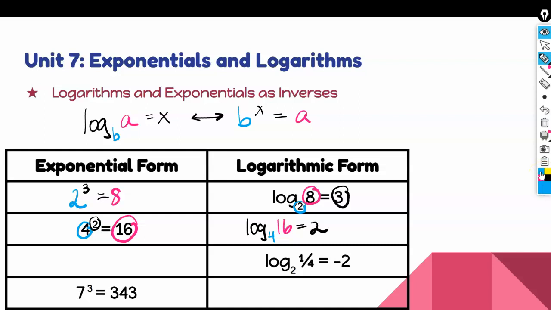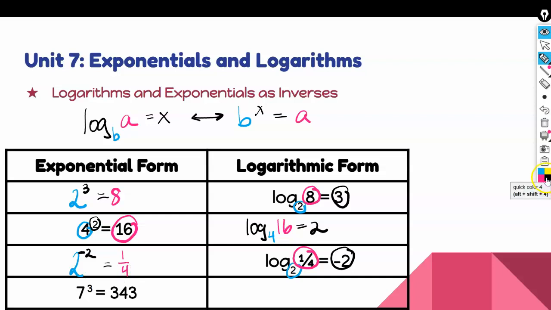Okay, again, going from log to exponential, I have a base of 2, so I have 2. Where the x is, it's a -2, so I have an exponent of -2. That's okay, that happens sometimes. And then where a is, I have a 1/4, so it's going to equal 1/4.